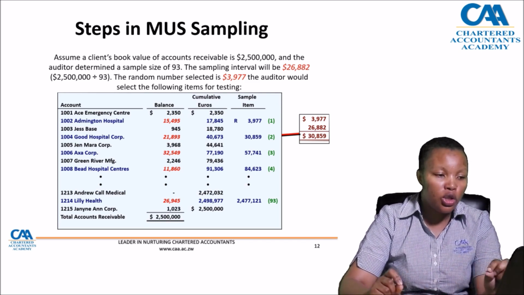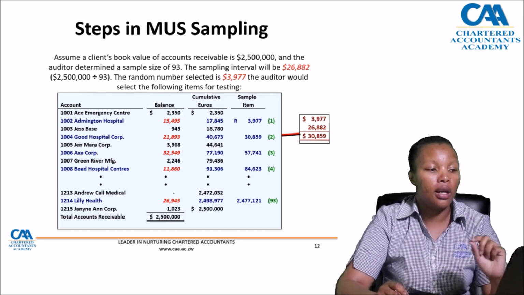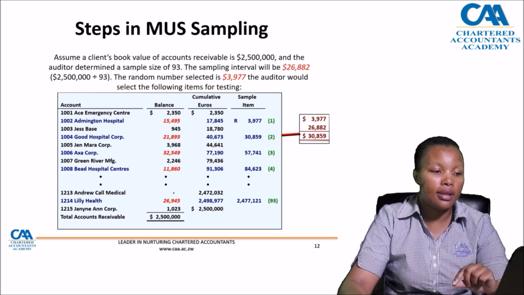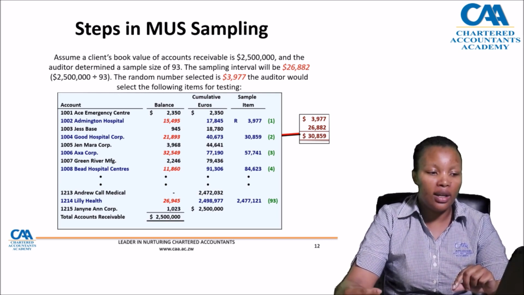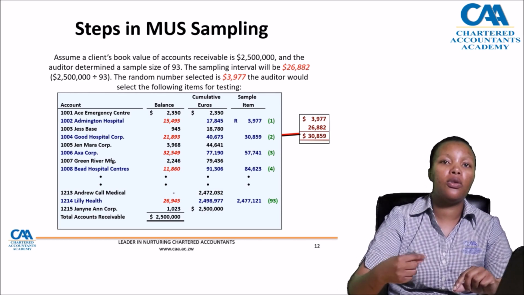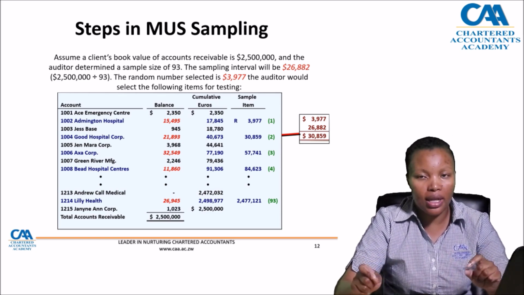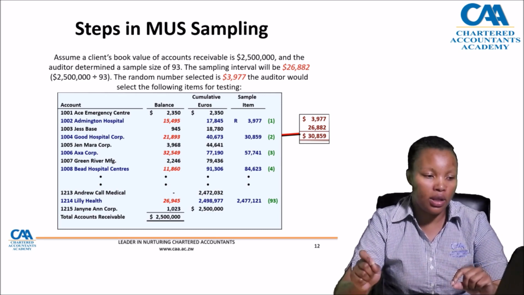It's not going to be in our account one, ACE Emergency Center, because ACE Emergency Center has an accumulated amount of $2,350. The dollar sitting at 2,350 is not falling under the dollar that we chose to select randomly, which is the $3,977.